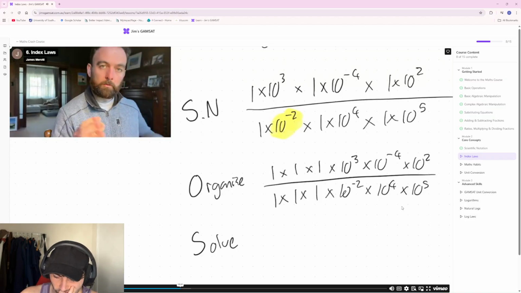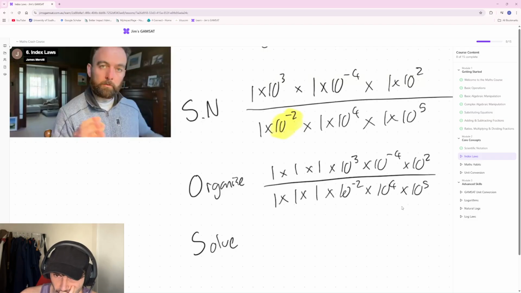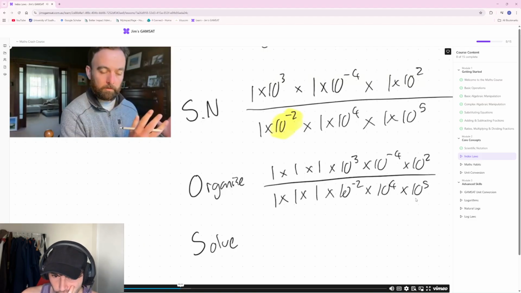So you can see how I've just moved all the numbers to one side, all the powers to the other, but it's exactly the same as above.